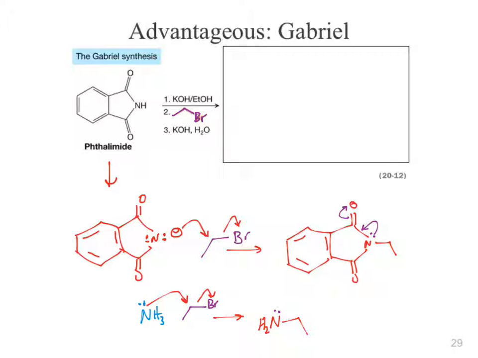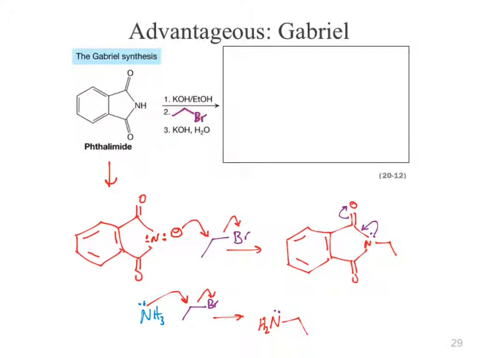Do I have a primary amine with the Gabriel synthesis? That nitrogen's connected to 1, 2, 3 carbons. Do I have a primary amine? No. Mike, you say, the whole point of this was to end up with a primary amine and you aren't making one. That's really dumb.